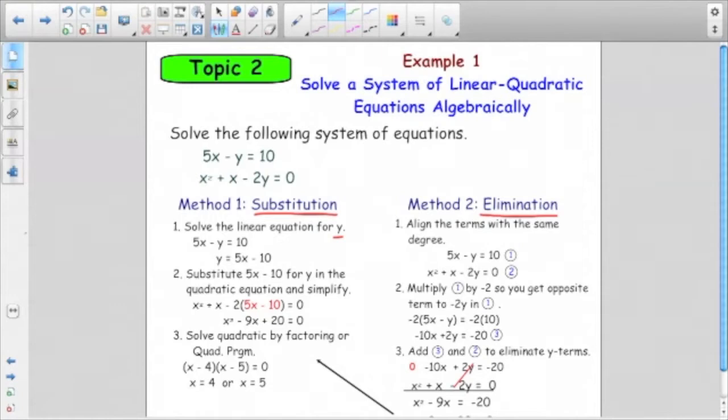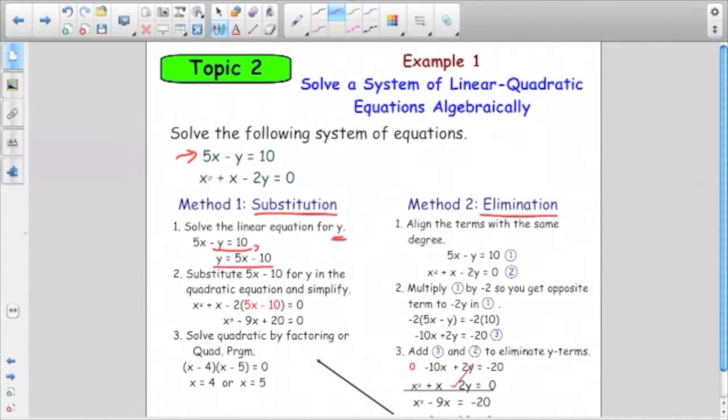Now don't try and go isolating x's because you'll run into a problem, because there's an x and there's an x squared in a lot of situations. So remember, focus and isolate y when you do substitution. So we look at this top system and there's my y, so I'm just going to move that y over to that side, and there we go.